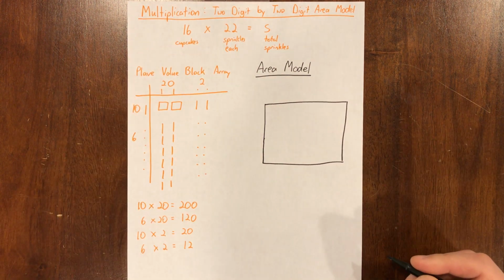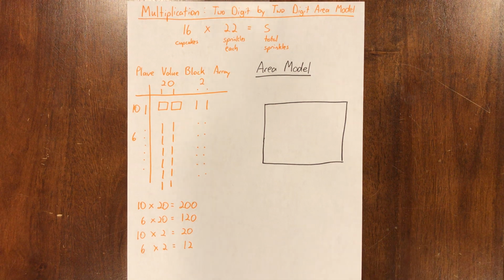Okay, great. And what would our side lengths be and why? Say it out loud. Right, 16 and 22, right? Those are our two factors. How should I write them? Why? Say it out loud.